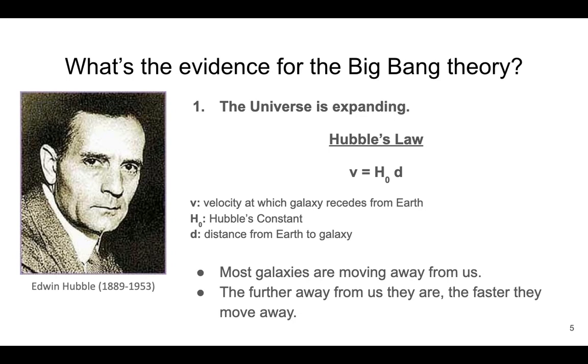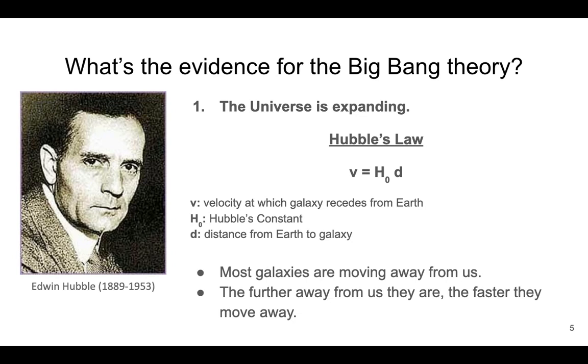Hubble does deserve credit because Hubble was the guy who actually got the data and the evidence for this. Hubble took a lot of observations of distant galaxies and was able to figure out that the distant galaxies are expanding. So, if a galaxy is very near to our own galaxy, the Milky Way, like Andromeda, for example, which is fairly close as far as galaxies go, you might be coming towards the Milky Way, and Andromeda actually is.